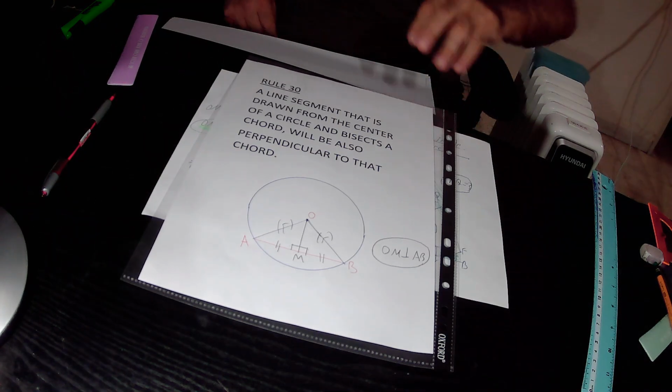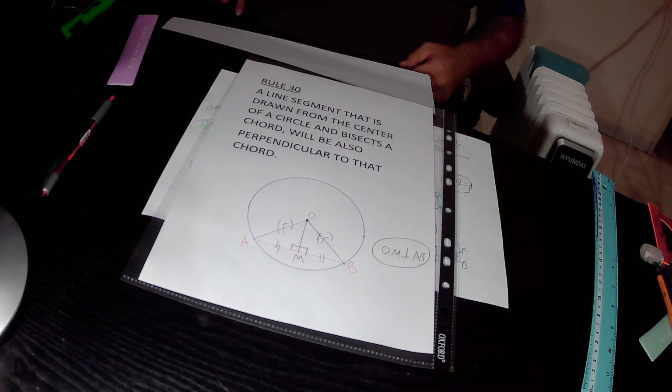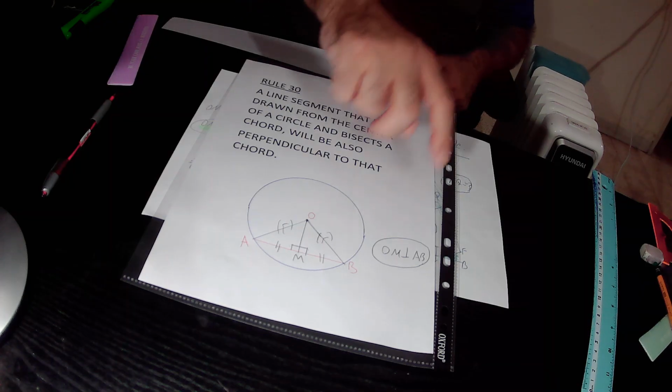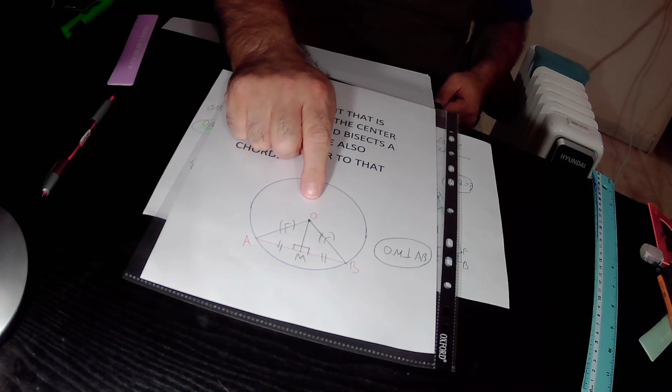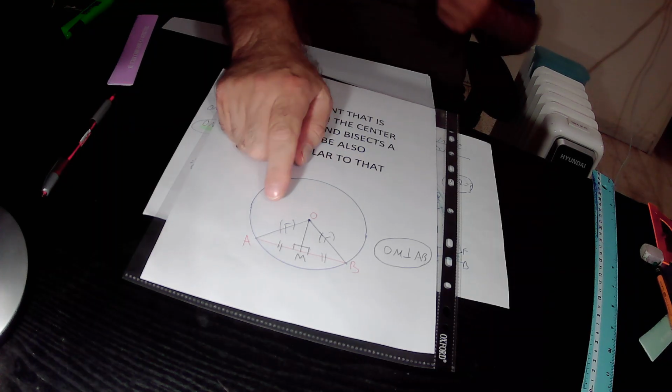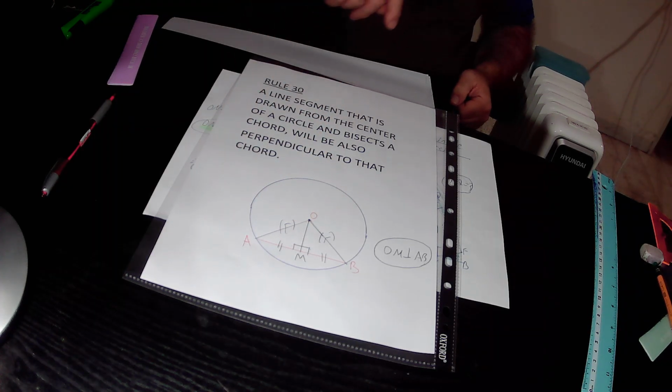According to rule 10, a line segment that is drawn from the center of a circle and bisects a chord will also be perpendicular to that chord. So suppose you have a circle, and point O is the center of this circle. We have chord AB inside this circle.